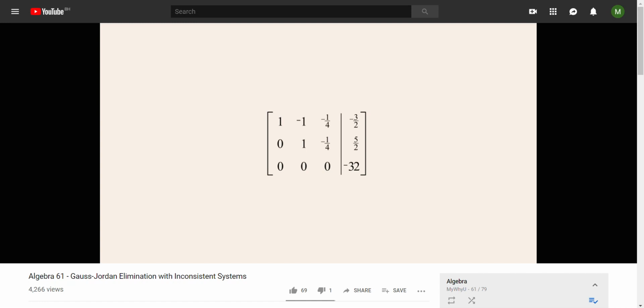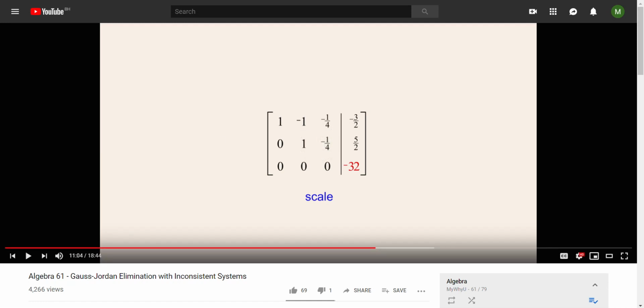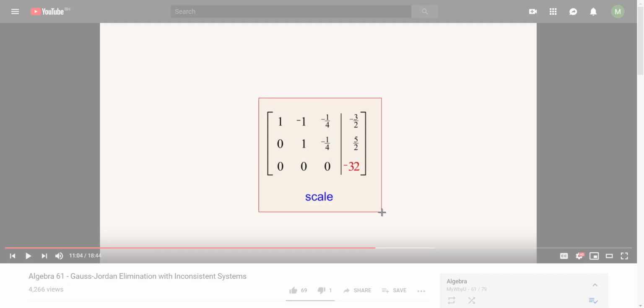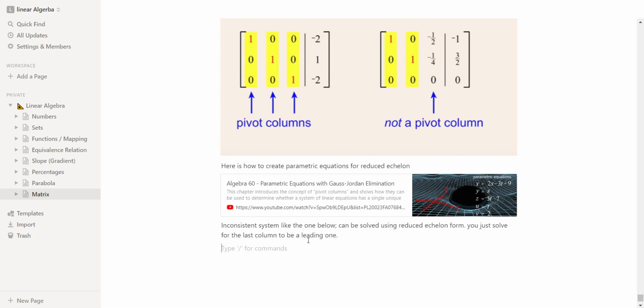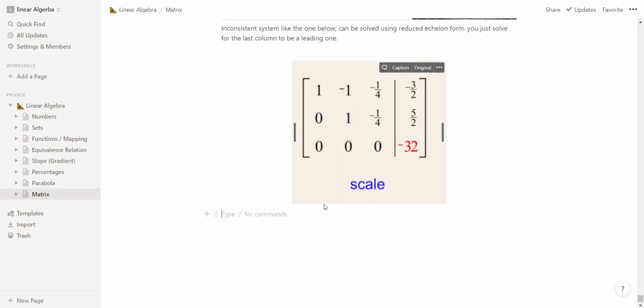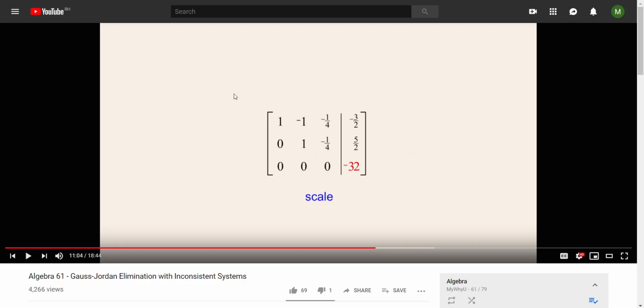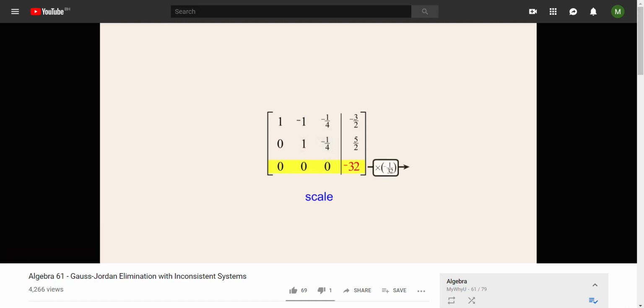To do this, we change the leading entry of row 3 to a 1, using a scale operation to multiply row 3 by negative 1/32.